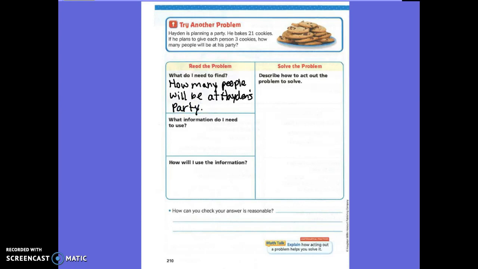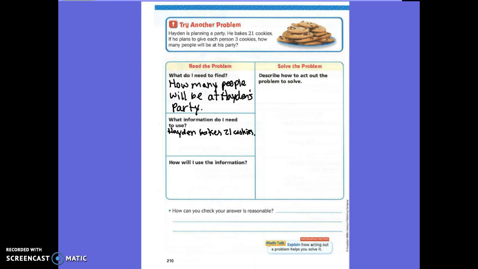What information in the story can we use to help figure out how many people he's having at his party? Callie? He bakes 21 cookies. Okay, Hayden bakes 21 cookies. What's the other piece of information that is important?